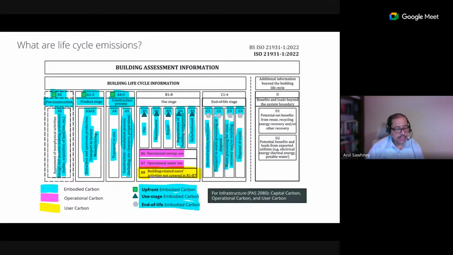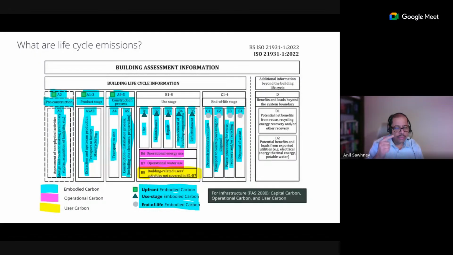Further, within embodied carbon, I have used a green square in A0, A1, A2, A3, A4, A5. Those signify a subcategory within embodied carbon. Those are upfront embodied carbon emissions.